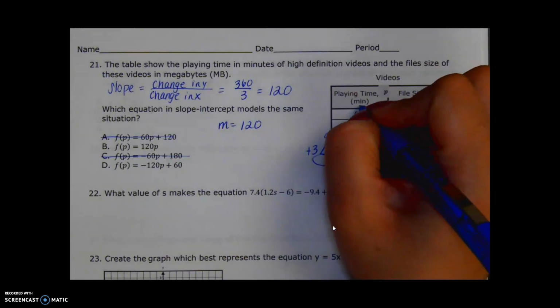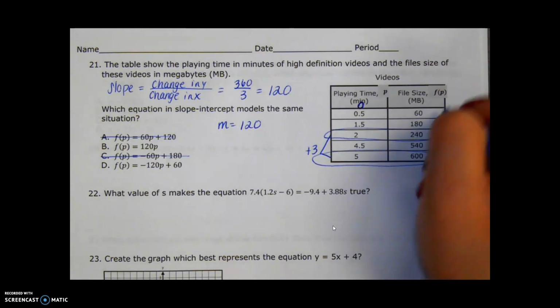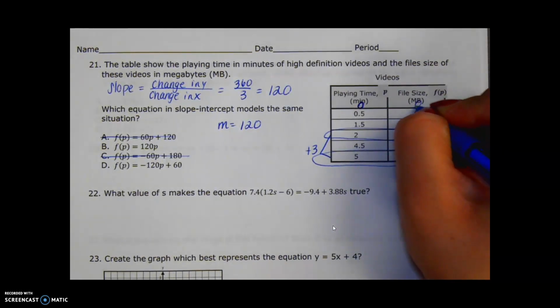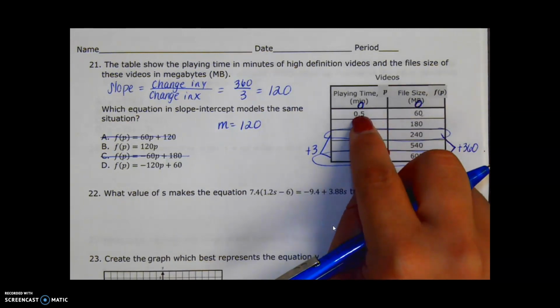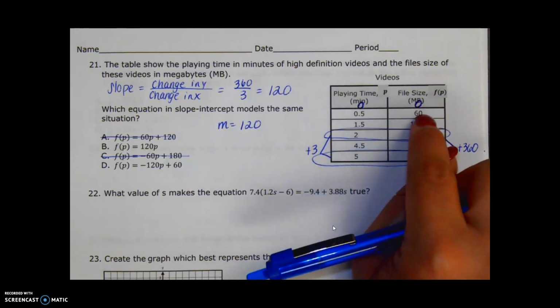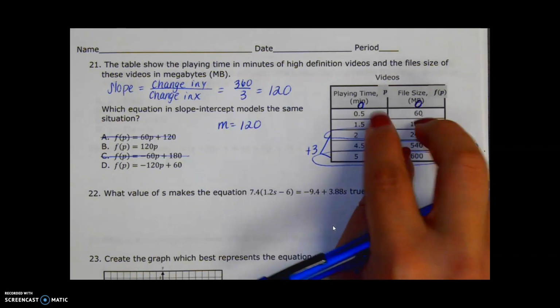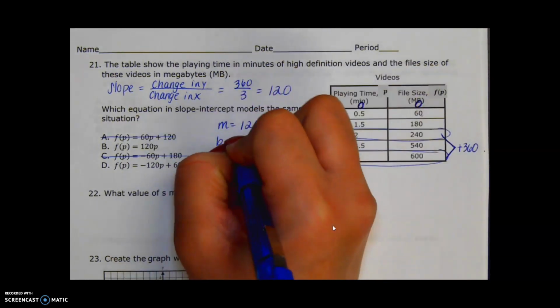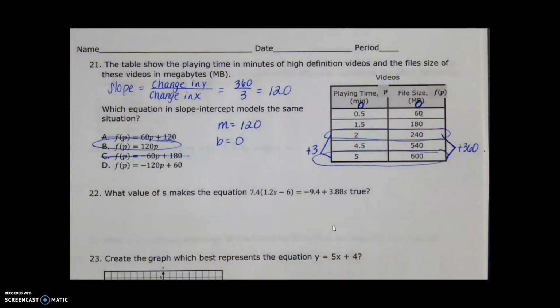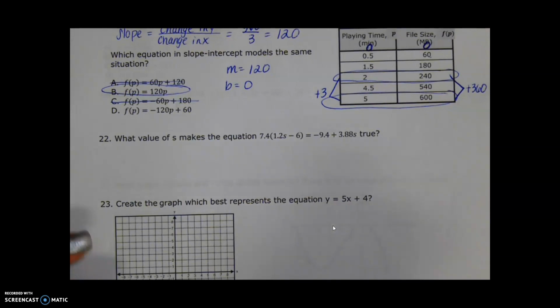So I know that my point is going to be 0, and it's going to go down 60 to 0. All right, so each half of a minute, the file size is increasing by 60, so I just worked backwards to figure out 0, 0. So my b is 0. Answer is 120p would be my equation.